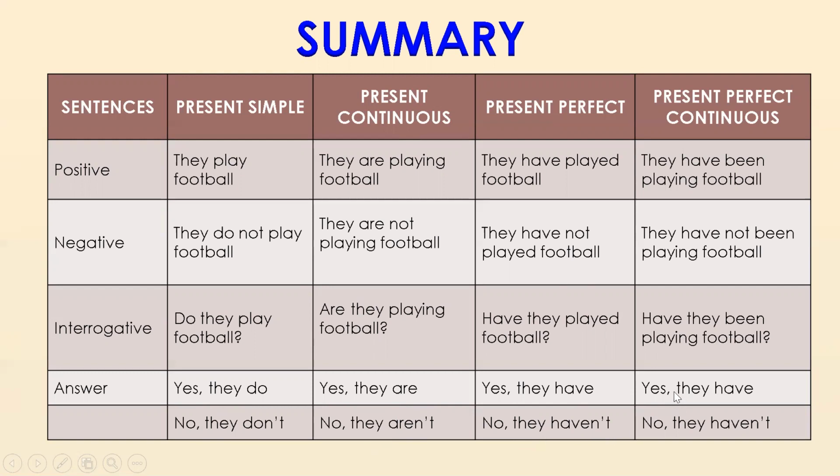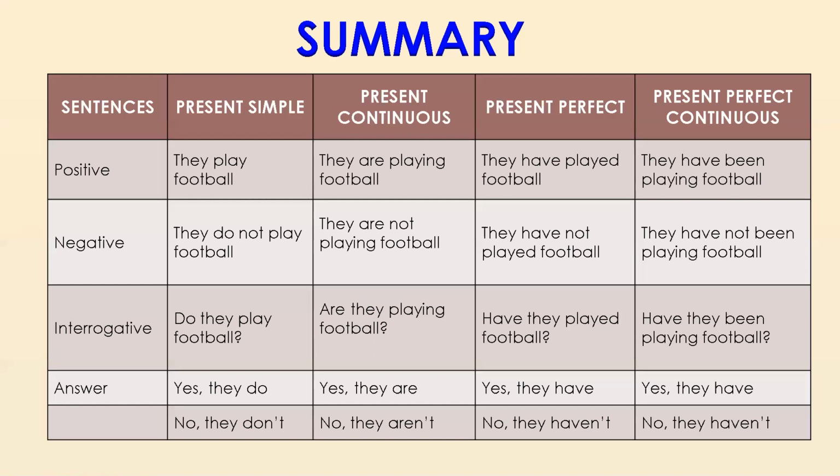Yeah, and then present perfect continuous tense is still the same, right? Yes, they have, no, they haven't. Okay, this is the summary of the 4 English present tenses, right? Simple present tense, present continuous tense, present perfect tense, and present perfect continuous tense.